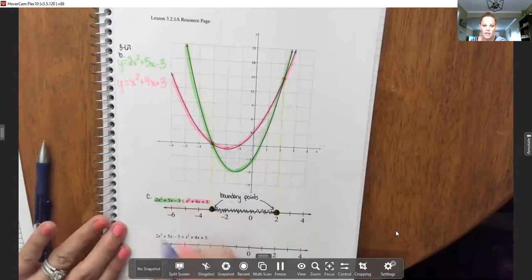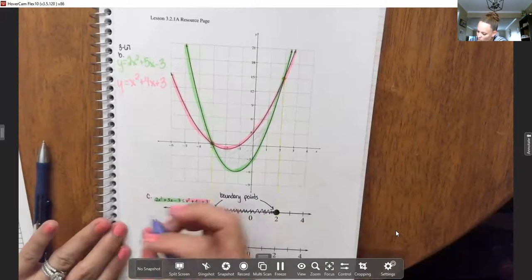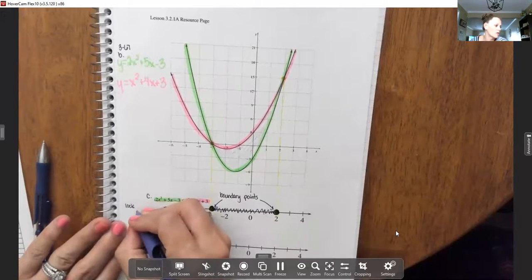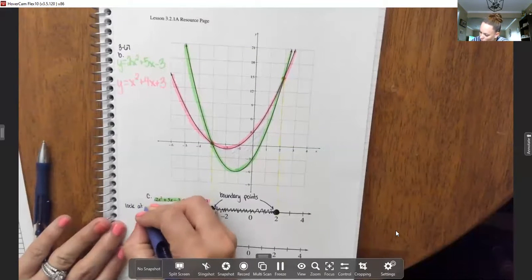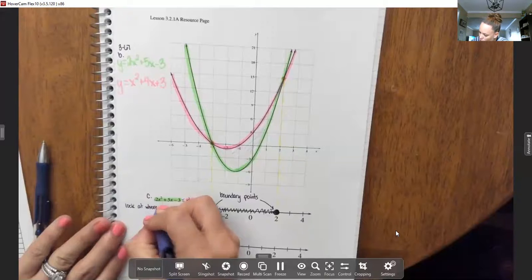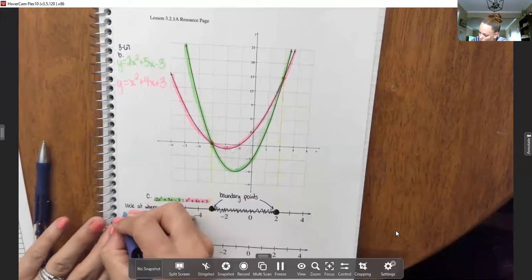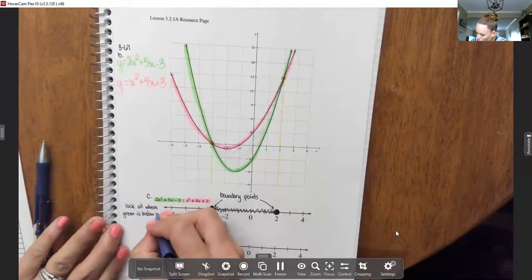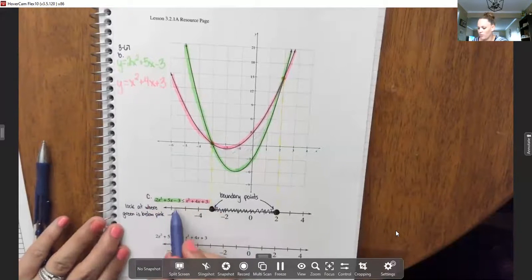So for part C, I'll just kind of write it off to the side. Look at where green is below pink, right?